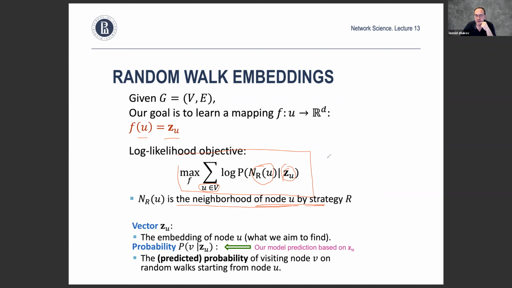This value is a model prediction of the probability of visiting nodes in the neighborhood of node U, given that you're starting from node U, and this is the embedding of that node. So given the embedding, predict the probability of visiting the actual nodes around that node in the graph.